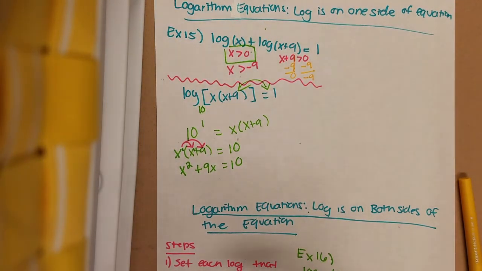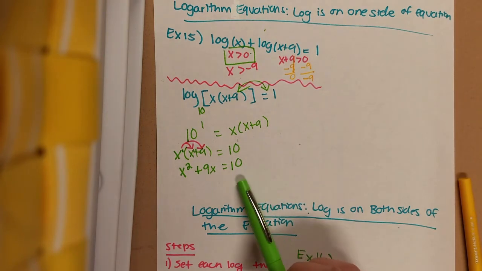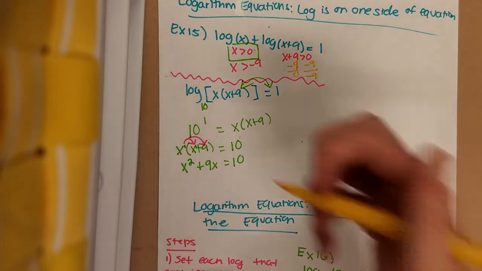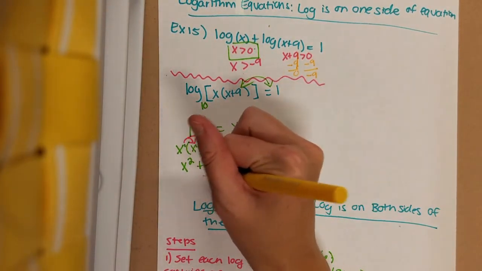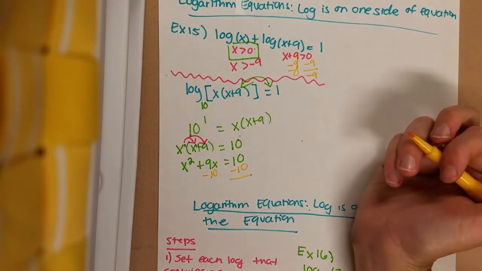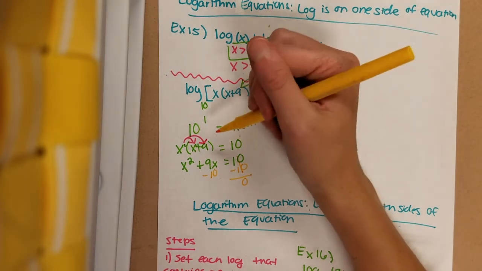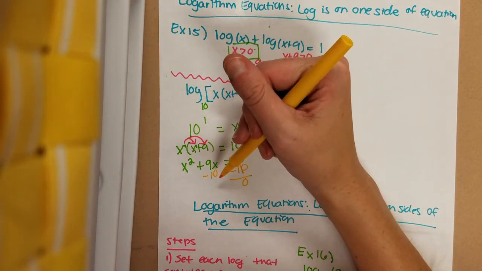But before we can even do that, you guys, we must get this in standard form, which means this should equal 0. So I need to bring 10 to the other side. The opposite of positive 10 is a negative 10, so I'm going to subtract both sides, which 10 minus 10 is 0. If you look on this side, I can't combine any of these terms. They are not like terms.